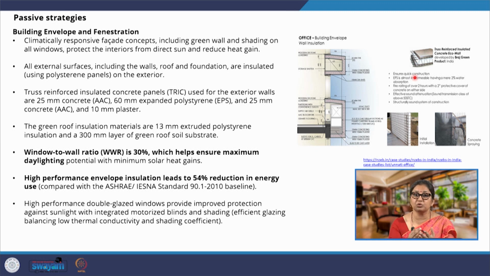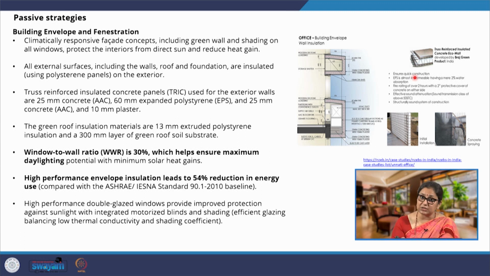So, ideally it should be between 40 to 60%, and here they have further reduced it to 30%, but distributed. So, the surface area has been increased by providing a courtyard, and of that surface area 30% of the wall surface is window, and that is sufficient to daylight all the habitable office areas.